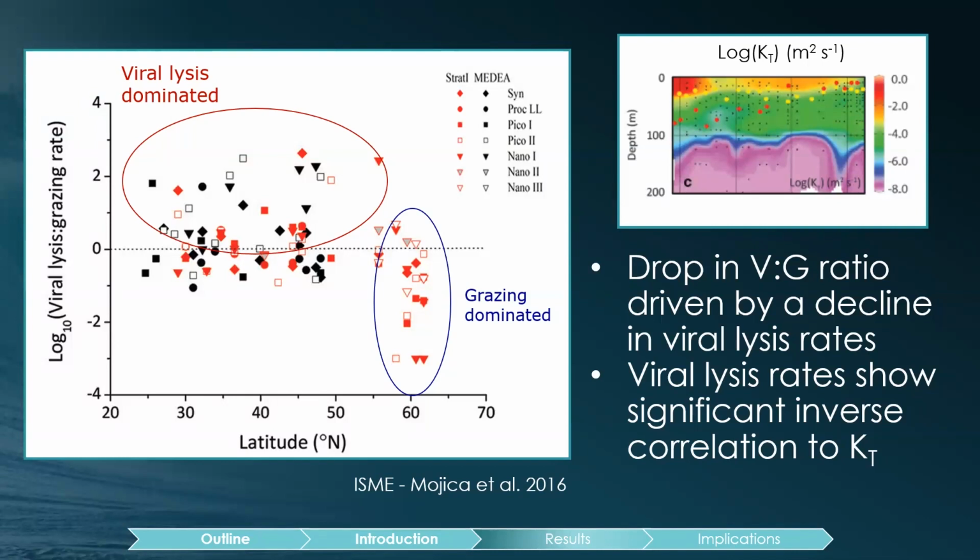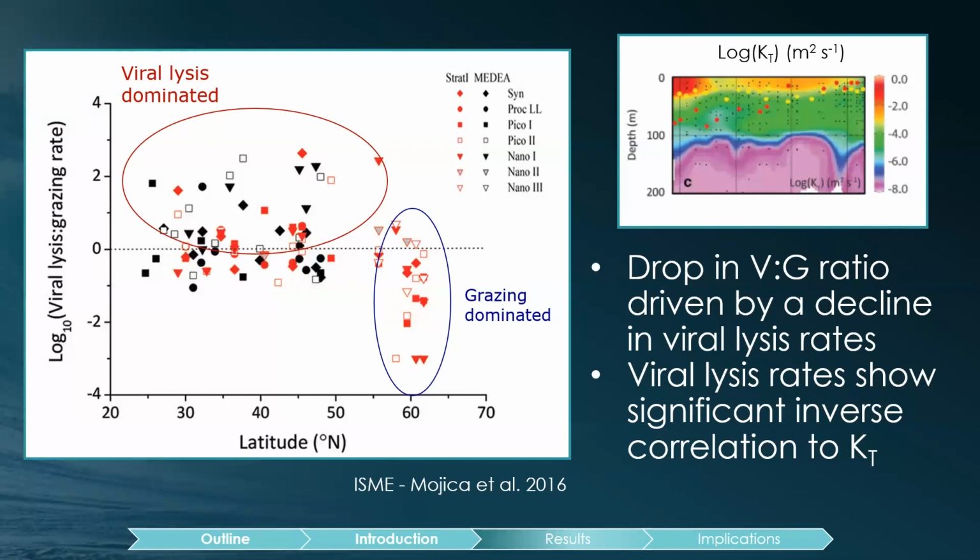What we found was that within our highly stratified oligotrophic region, this is KT turbulence here, viral lysis was the dominant mortality factor. And you see this striking switch in the northern latitudes, where we had this relaxation of strong stratification, where it switched over to grazing dominated.